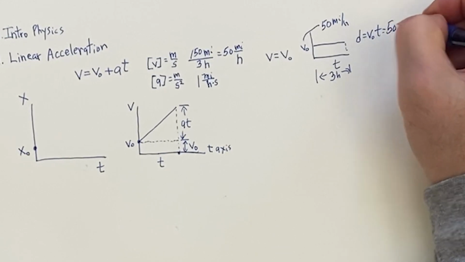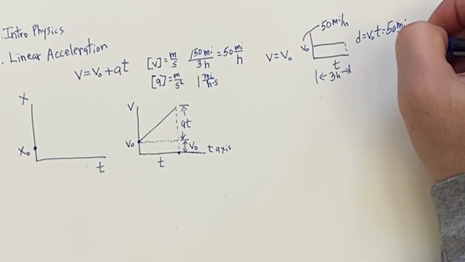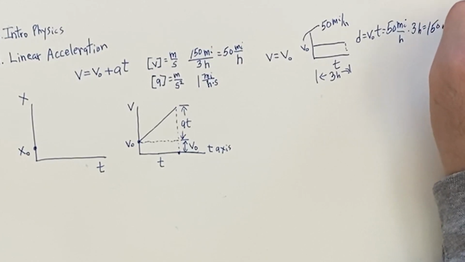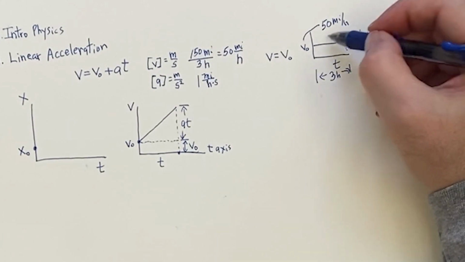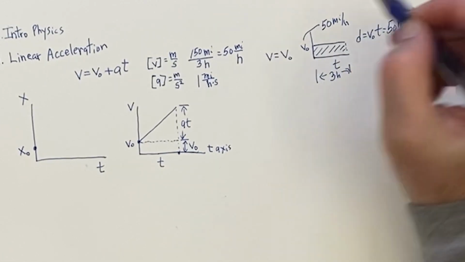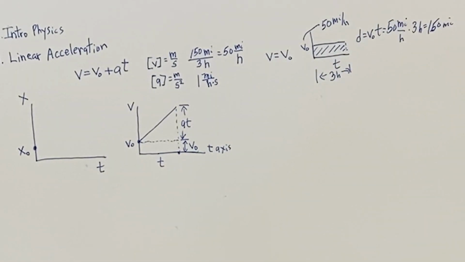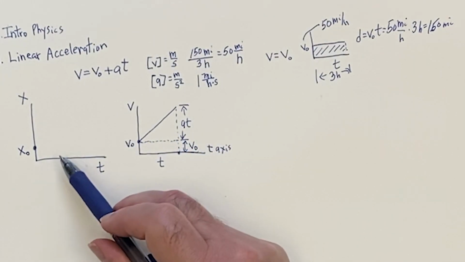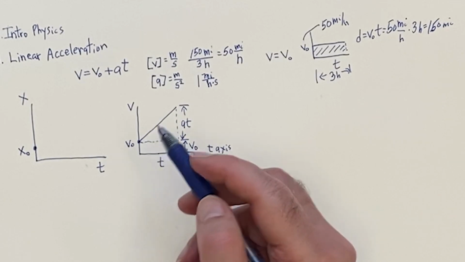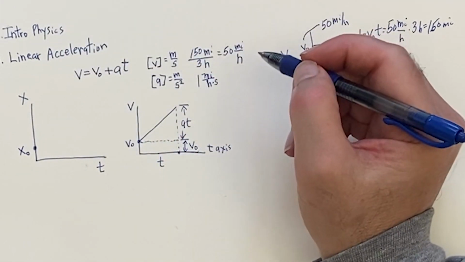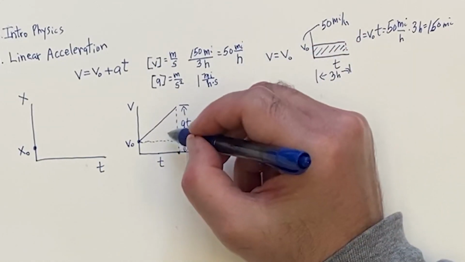It'd be 50 miles per hour times 3 hours is 150 miles. But see, that's taking the 50 and the 3 and multiplying. That's the area under the graph. Now, when you go from a graph to the area under the graph, that's called integral calculus. So by going to the left here, it's finding the area of this graph.